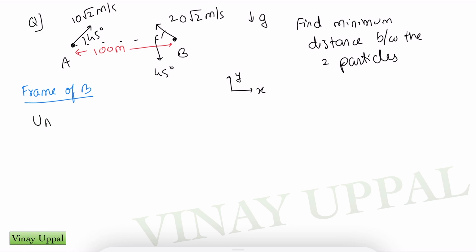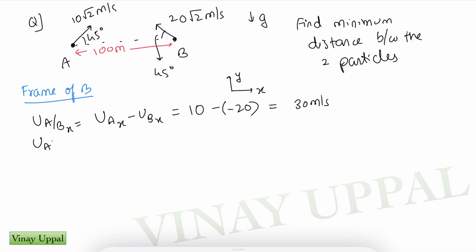So the initial velocity of A with respect to B, the x component, is going to be uAx minus uBx. What is the x component of the initial velocity of A? That's 10 root 2 cos 45, so that will be 10. And what's the x component of the initial velocity of B? That will be 20 root 2 cos 45, but in the negative x direction, so that will be minus 20. So this will be 30 meter per second.